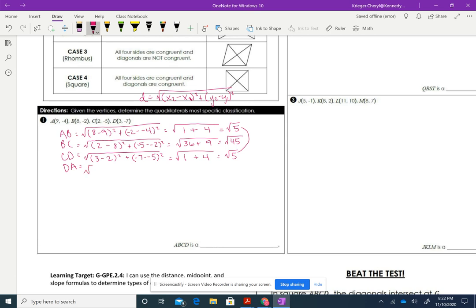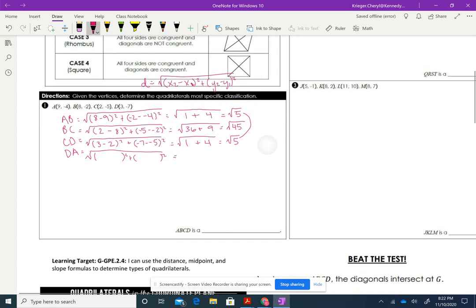Okay, so I'm going to assume this is either a rectangle or a parallelogram. So let's go ahead and do the last one to see, because maybe it's neither. Maybe it's just some crazy shape. So I have DA. So that's going to be 3 minus 9 and negative 7 minus negative 4.